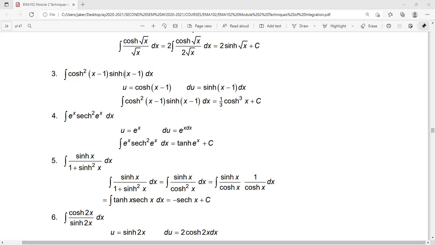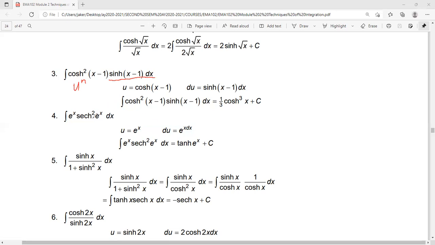You can see the derivative of the hyperbolic sine of the quantity x minus 1 as written here, so it's complete. So you will have the hyperbolic cosine cubed of x, using the power rule, divided by 3. Because the purpose of this hyperbolic sine of the quantity x minus 1 dx here is for the derivative of this. So this is like u raised to n, for n being 2. So power rule. Okay?